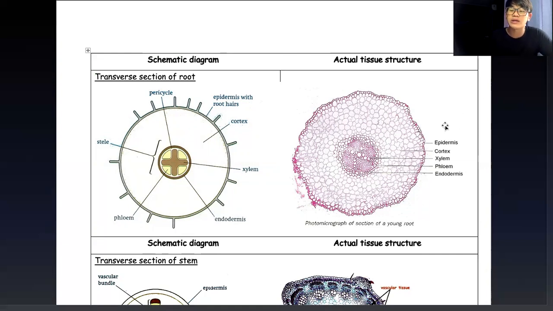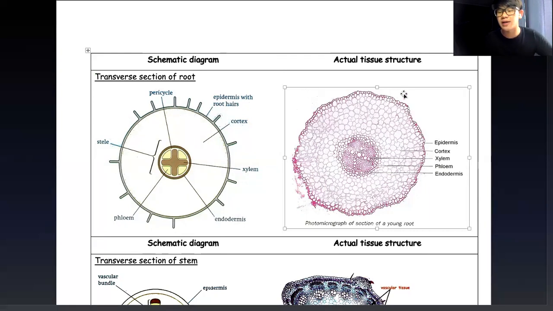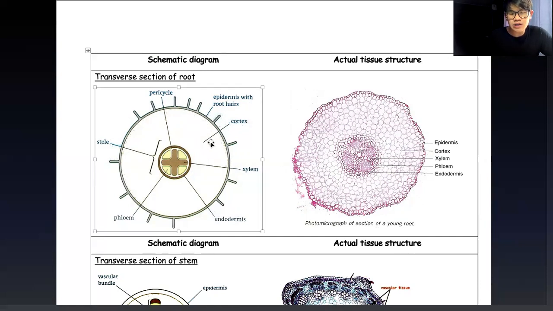So we call it the epidermis, the outer layer, and this outer layer is where the root hairs are. As you can see here, epidermis with root hairs. In the actual tissue, you can see the epidermis there, but you can't see the root hairs, but it's there. Now, after the epidermis, if you go back to this diagram, you actually have a huge white area here.